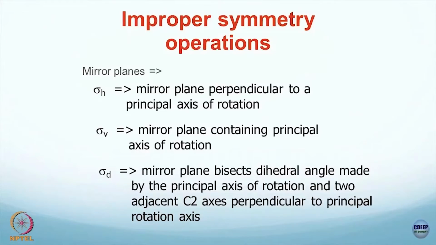These notations are important only when you have a principal axis of symmetry, otherwise you just call it a mirror plane sigma. There are these additional mirror planes which are called diagonal mirror planes.